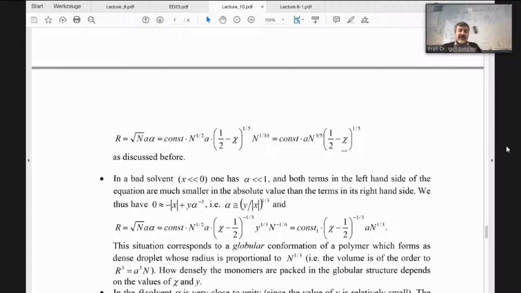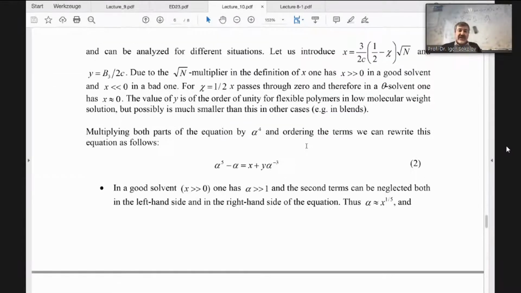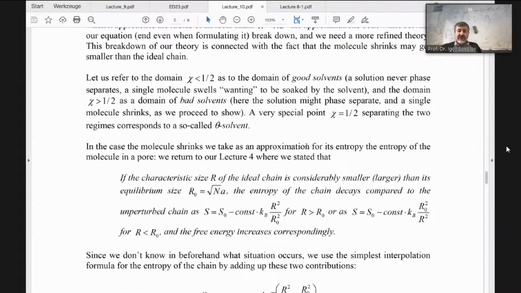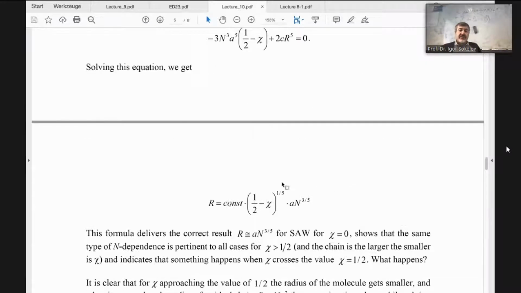And here I have 1/2 minus x 1/5. So this reproduces the result which I got before when considering the swelling of the chain. This is exactly what we already have had before.